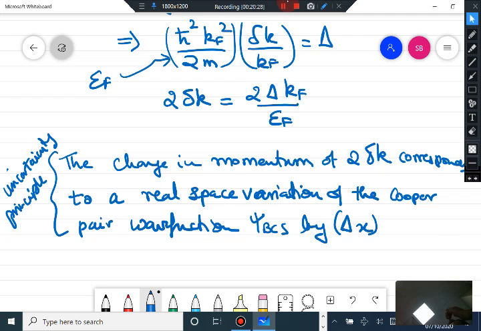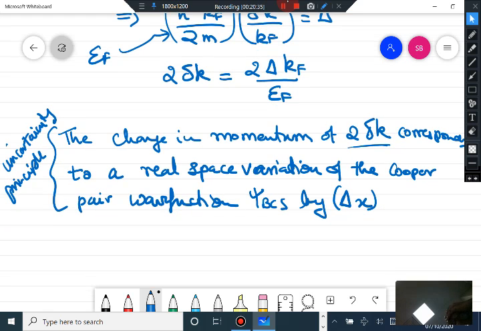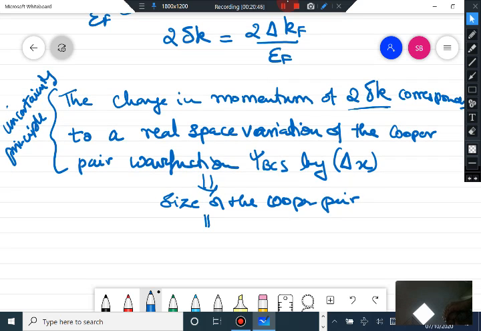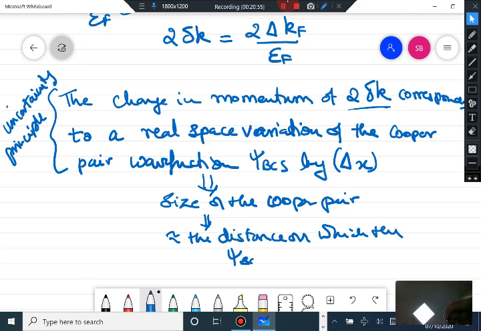That the change in momentum 2δk corresponds to a real space variation of the Cooper pair wave function ψ_BCS by δx, which is basically the size of the Cooper pair, which is approximately the distance over which the ψ_BCS varies slightly.